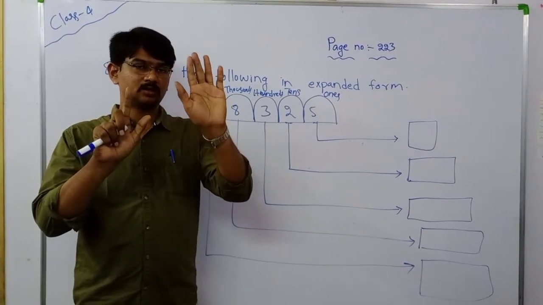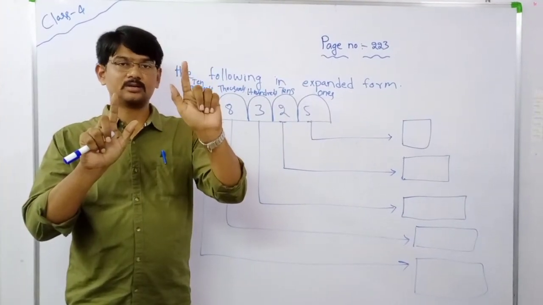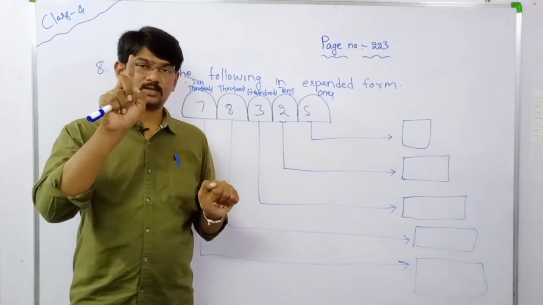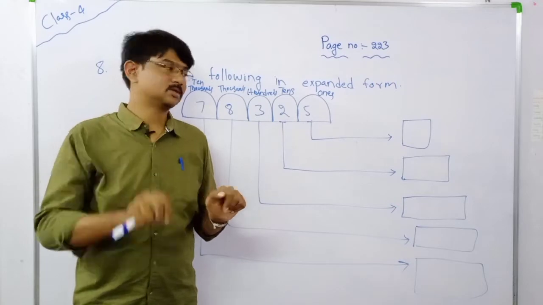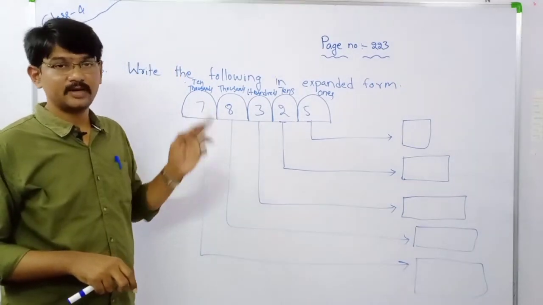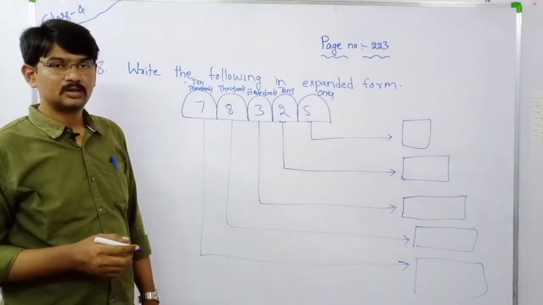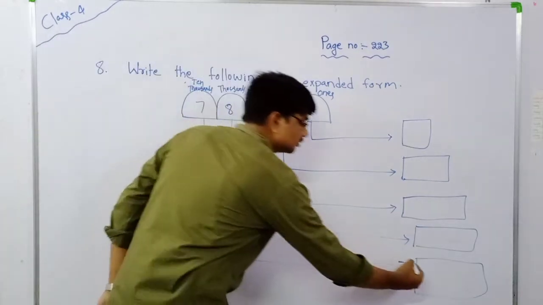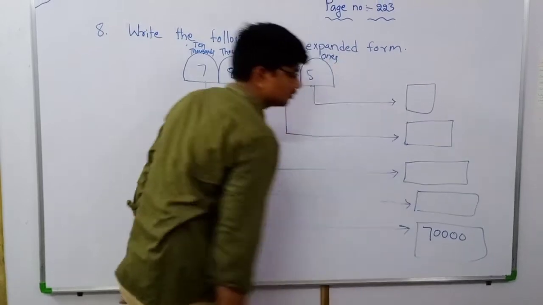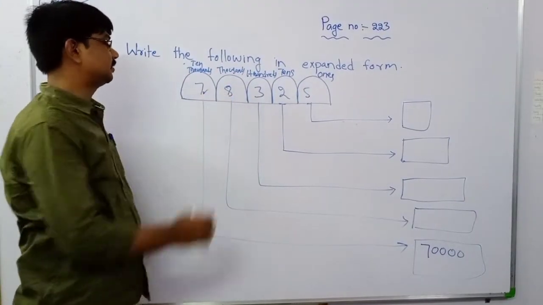Let us count: 10,000, 20,000, 30,000, 40,000, 50,000, 60,000 and 70,000. 7 10,000's is equal to 70,000. How many zeros will come? 4 zeros.